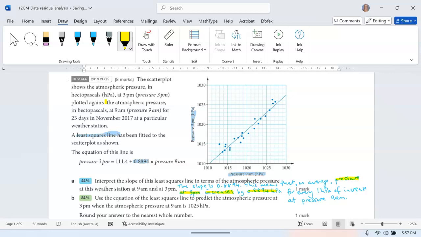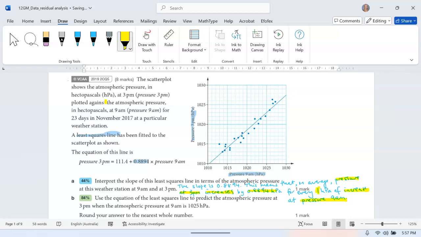And we'd also want to see the 1. We can't say for every hectopascal, we need to have that 1 there, or some word that means that, like every single hectopascal. It's just easier to write 1, guys. And then it's always increase at, of your explanatory variable.